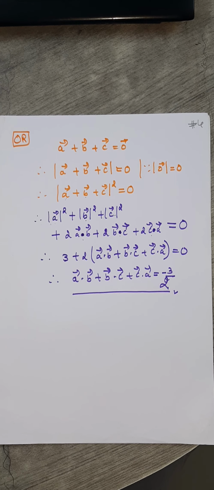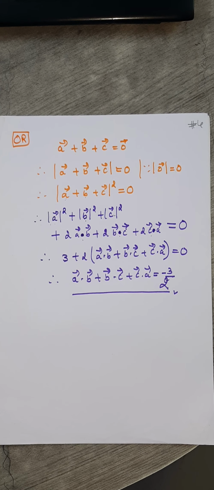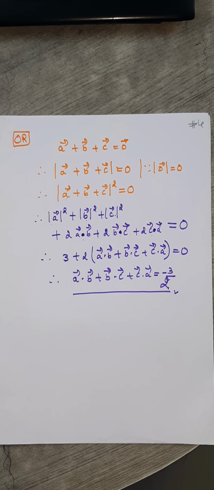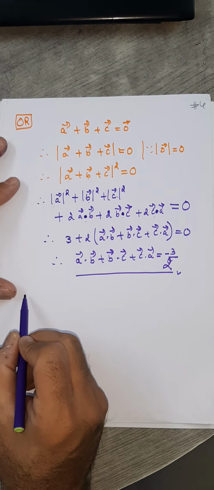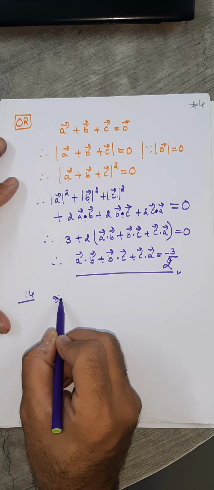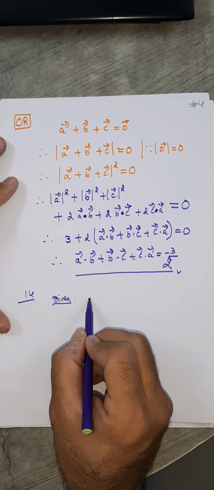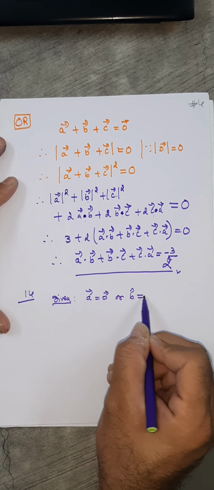Question number 14. What does question 14 say? Question 14 says that if either this or this is a null vector, then the dot product is null, but the converse need not be true. So this is quite obvious. In 14th, given that either A is a null vector or B is a null vector, right?